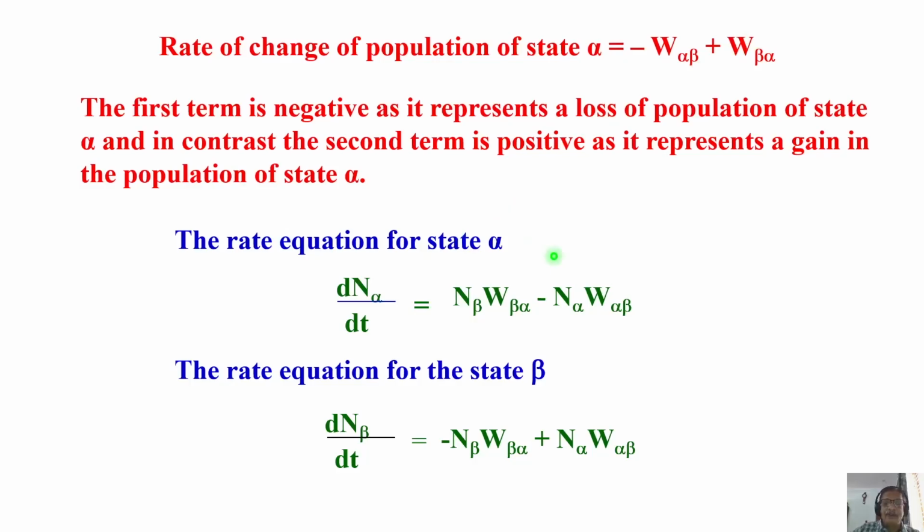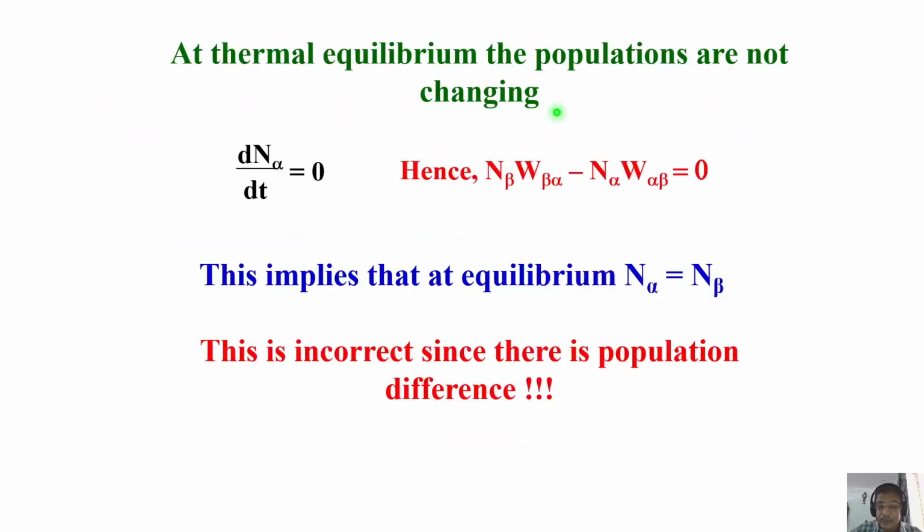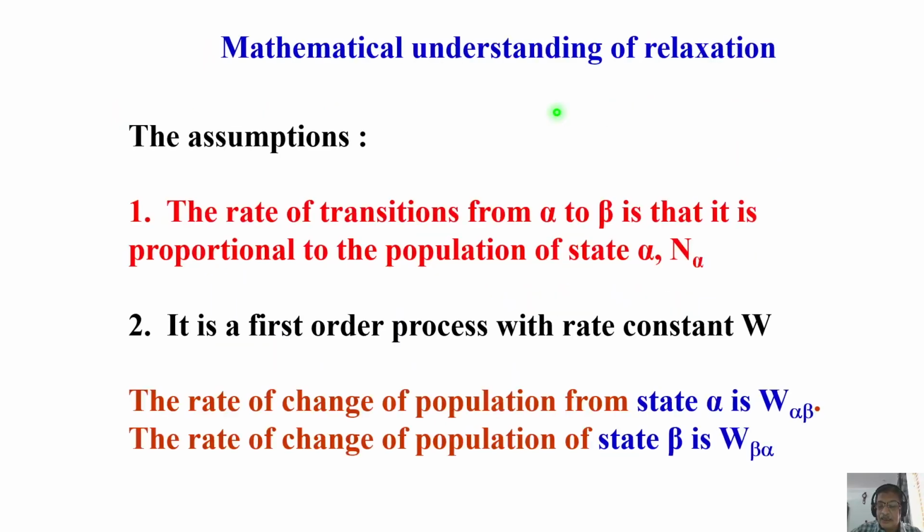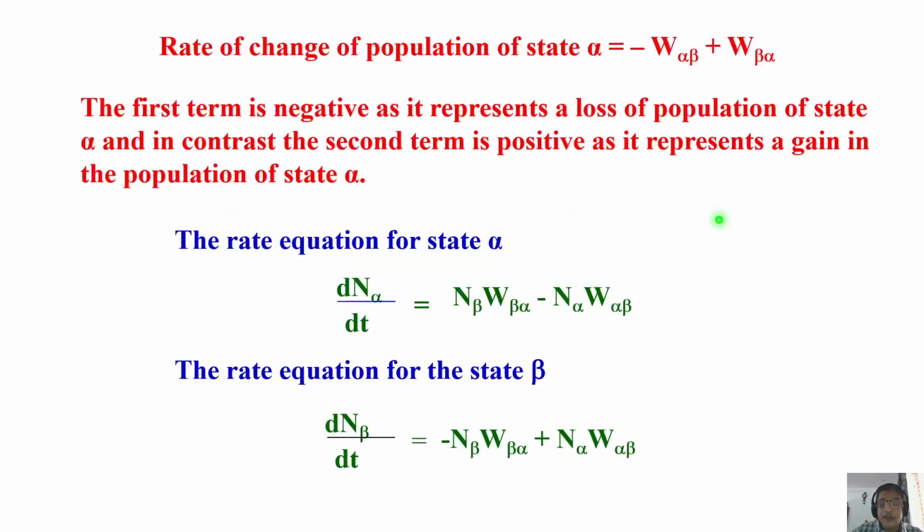What is the rate equation? The rate of transition is proportional to n alpha, I said. Now the rate equation, as a function of time, the rate of change of population is given by a simple expression: n beta into W beta alpha minus n alpha into W alpha beta.